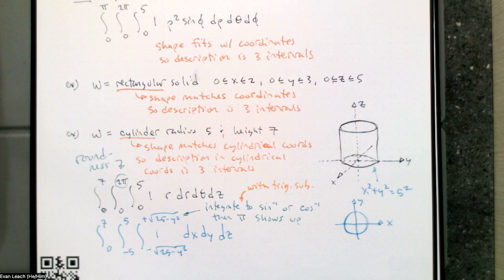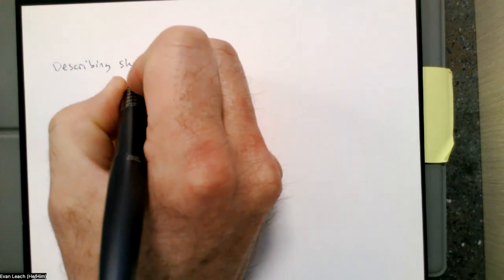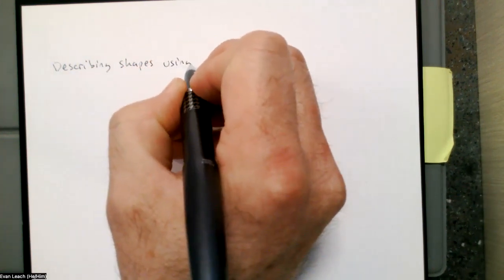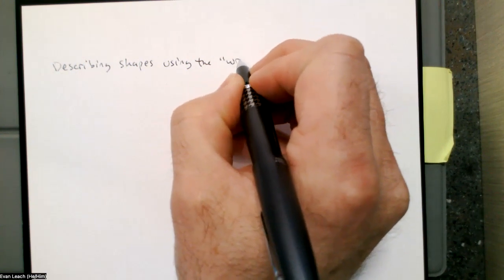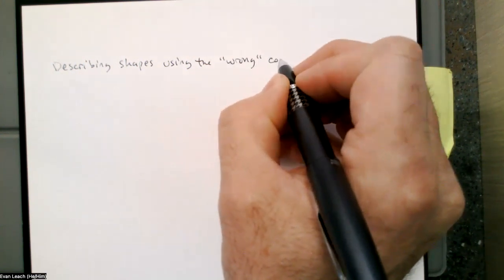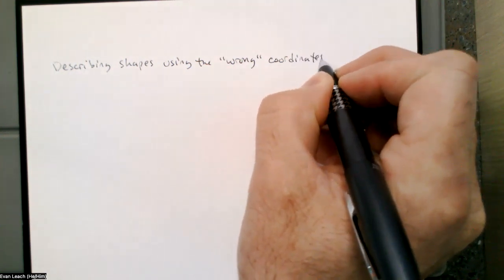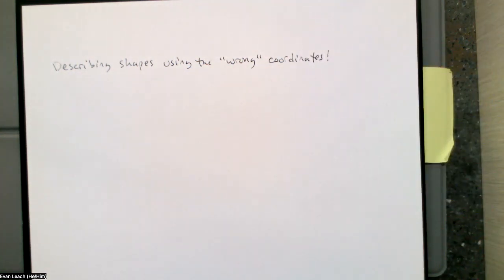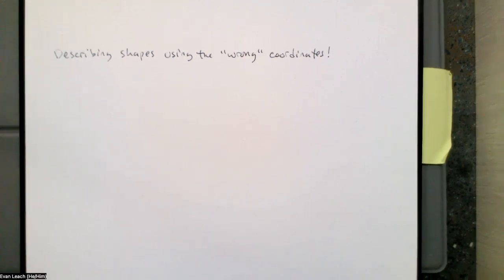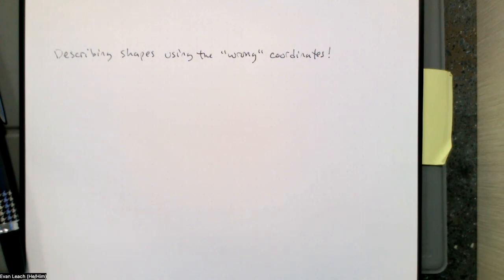That's good practice for understanding how the coordinates work. I want us to be able to describe shapes using the wrong coordinates.